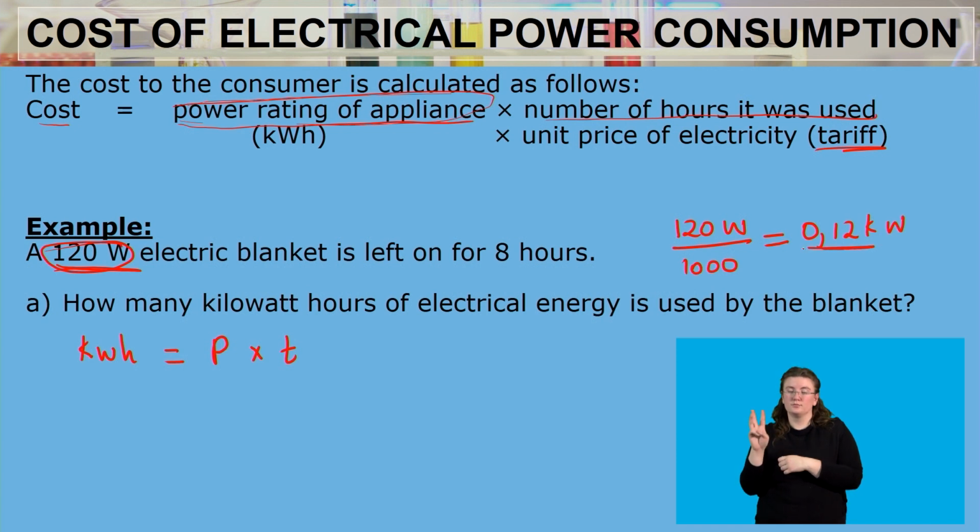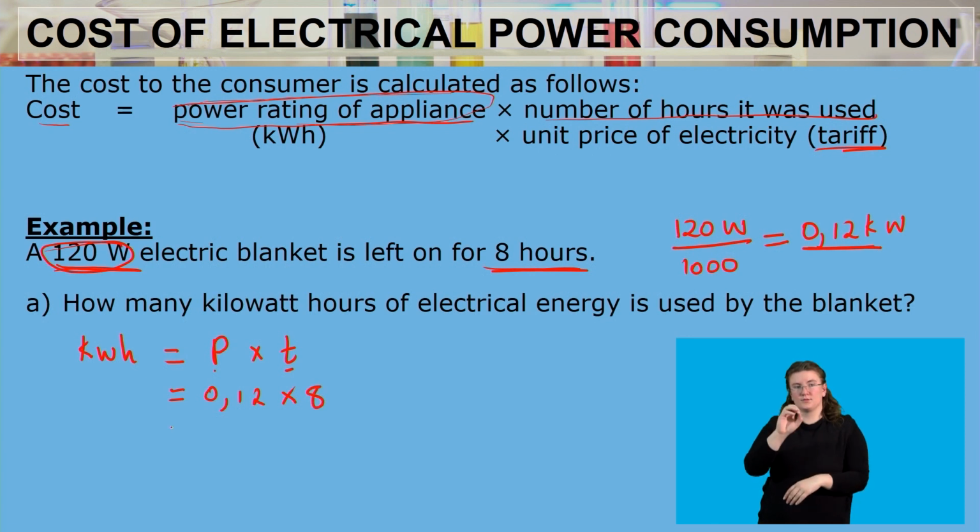That's what you're going to be substituting in place of our power rating. So this is 0.12 multiplied by the time, and we are told that it was in use for 8 hours. So it's 0.12 multiplied by 8.